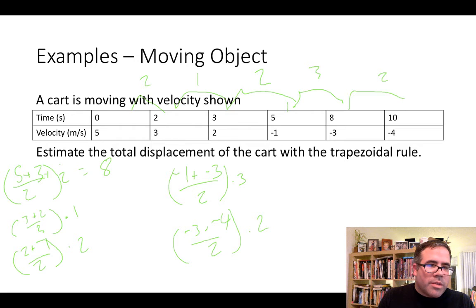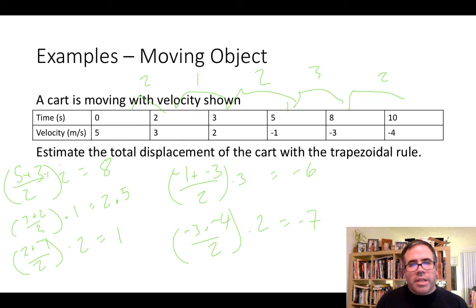This becomes 8. This becomes 2.5. This becomes 1. Let's see, negative 4 over 2, negative 2 times 3, negative 6, and that's negative 7.